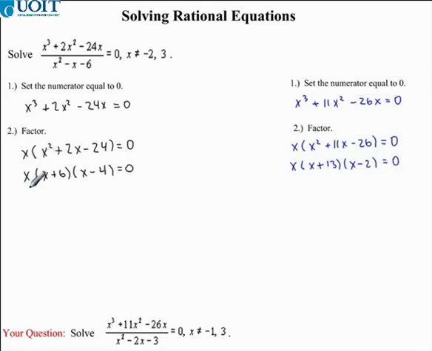This means that either x must equal 0, x plus 6 must equal 0, or x minus 4 equals 0. So I'm just going to write this out here on the bottom. So our three possibilities were that either x is equal to 0, x plus 6 was equal to 0, or x minus 4 was equal to 0.